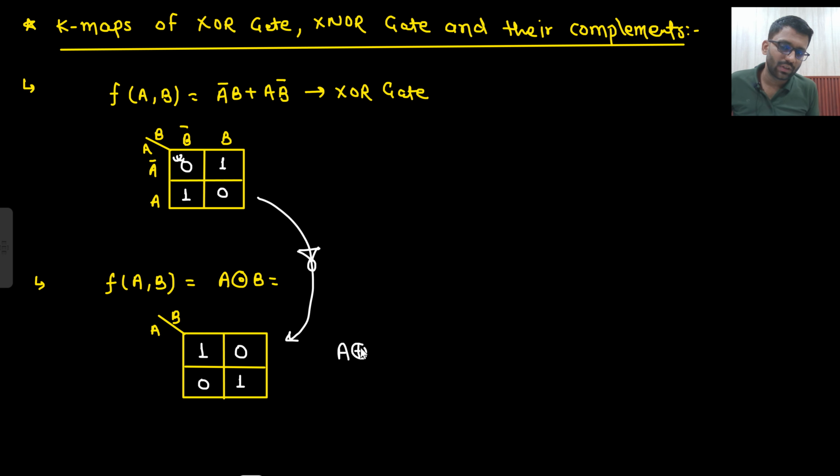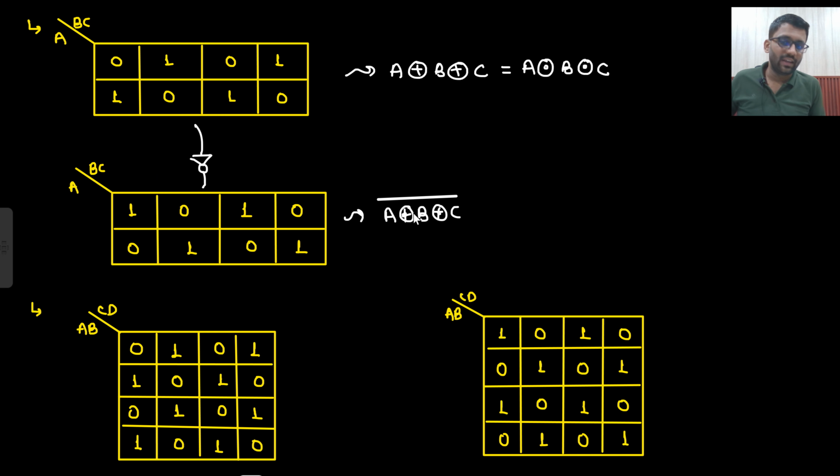So this is also A XOR B bar, and A XOR B bar can be written as A XNOR B. But A XOR B XOR C bar cannot be written as this, this is not equal, right? Both are the same thing. So this can be written as A XOR B XOR C bar.